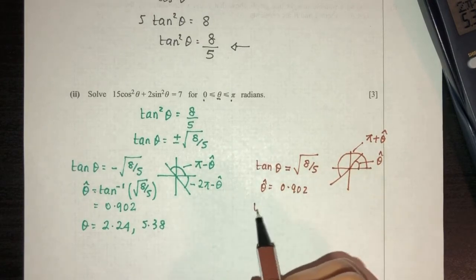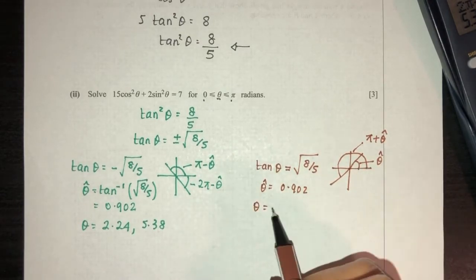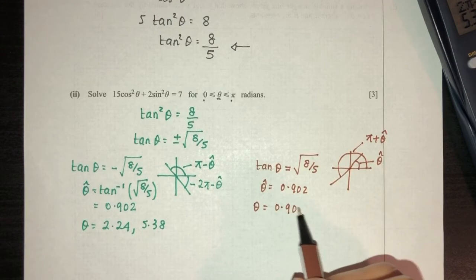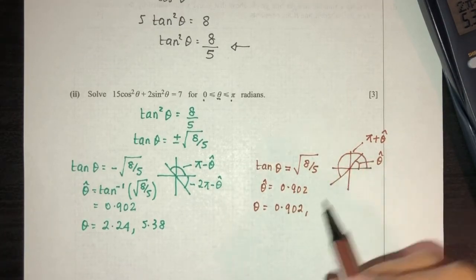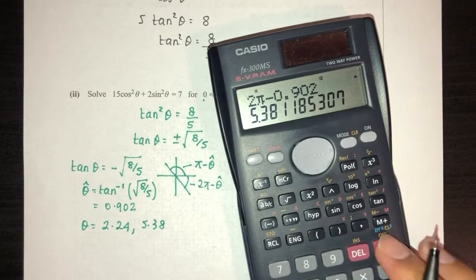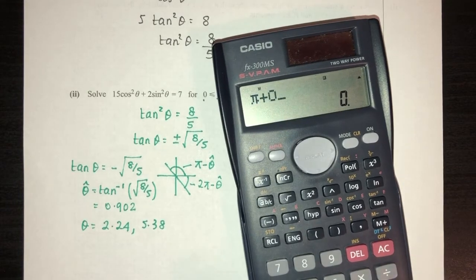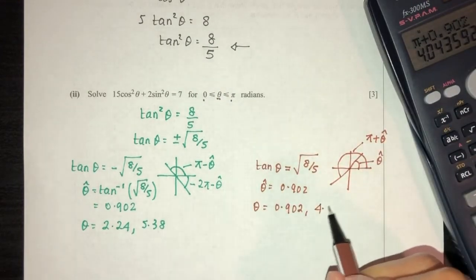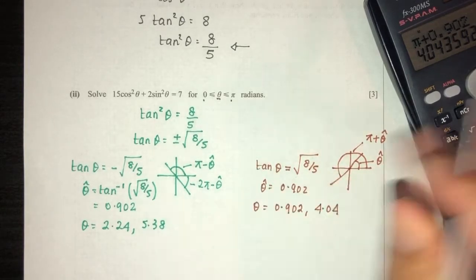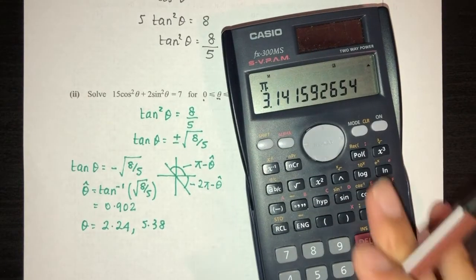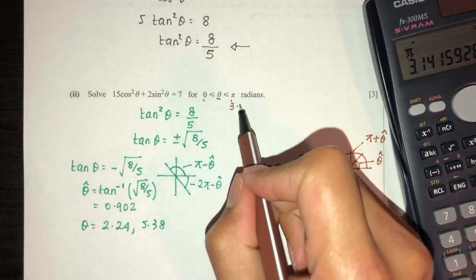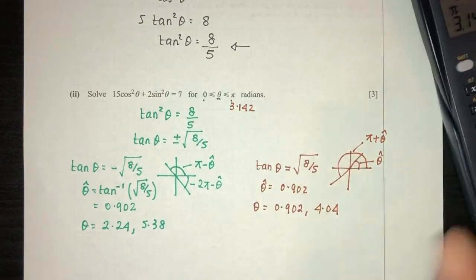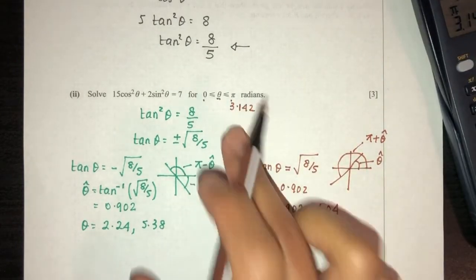So here theta is equal to 0.902, and then equal to this one, which is pi plus that. So pi plus 0.902, that will be 4.04. What is this value here? Let's see, pi is equal to 3.142.